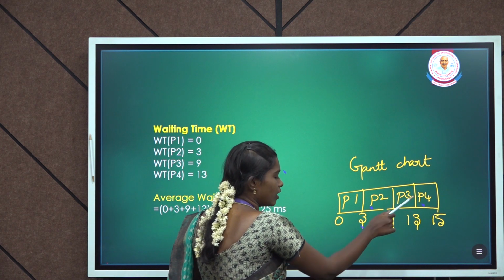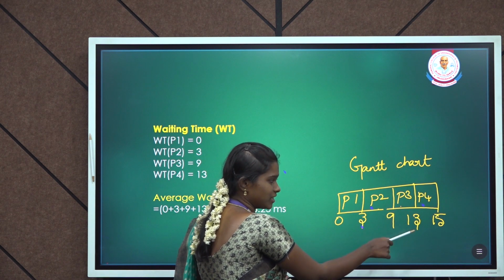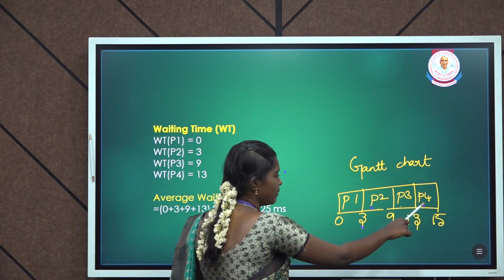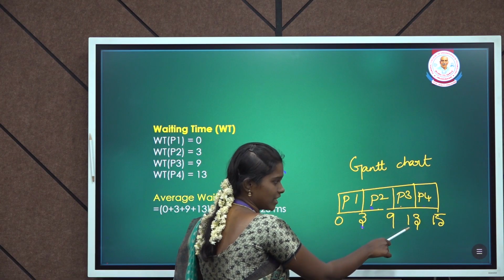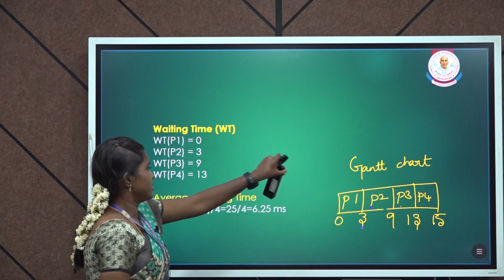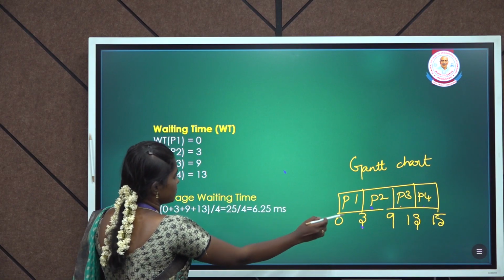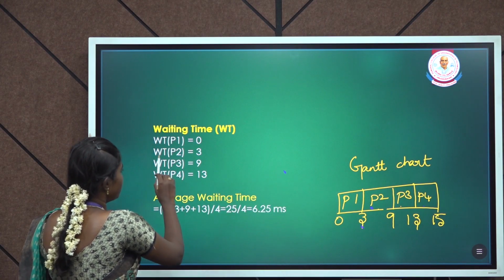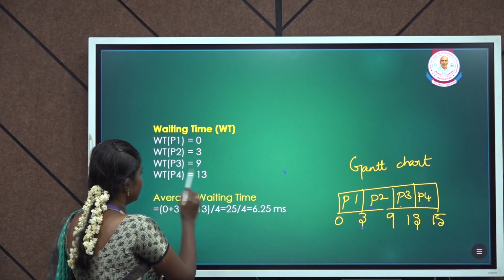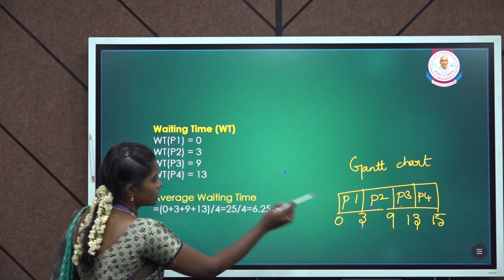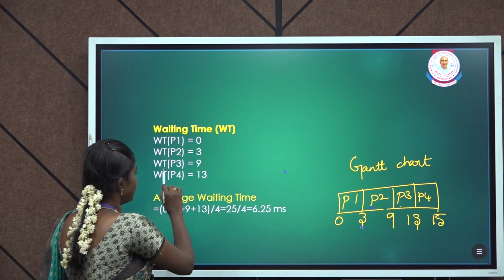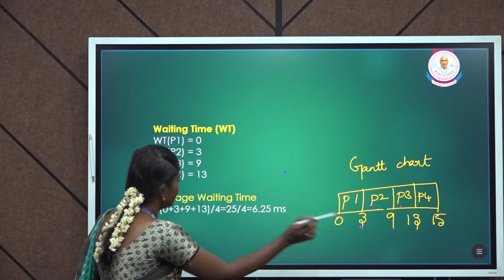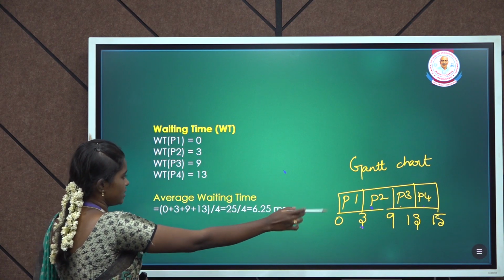The P3 completion time is 13 and the P4 waiting time is 13. So the P1 waiting time is 0, P2 waiting time is 3, P3 waiting time is 9, P4 waiting time is 13.